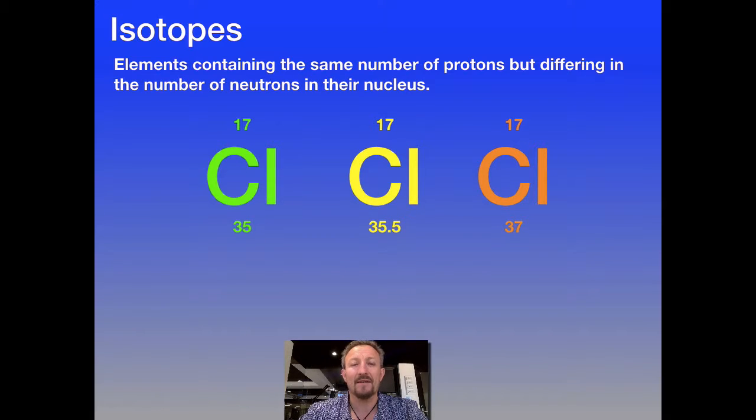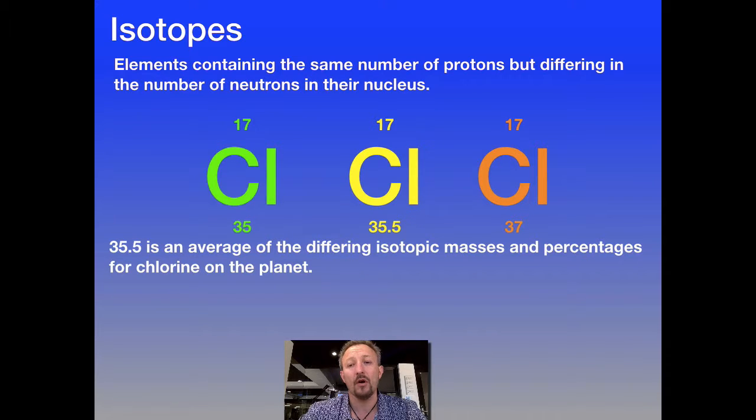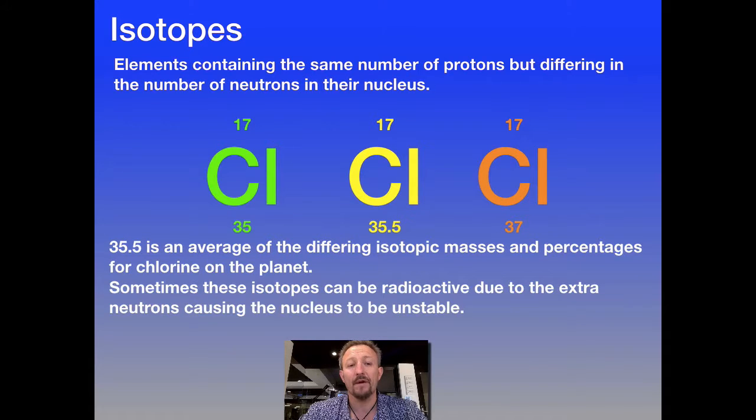In this case, it's going to have 17 protons and 20 neutrons, and that adds up to 37. So what's happened is we've worked out the percentage of each of the different isotopes that we've got on the planet. And by taking an average of all the different percentages of the isotopes on the planet, they've come up with an average mass for chlorine of that 35.5.